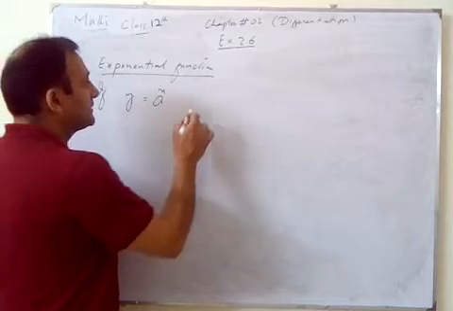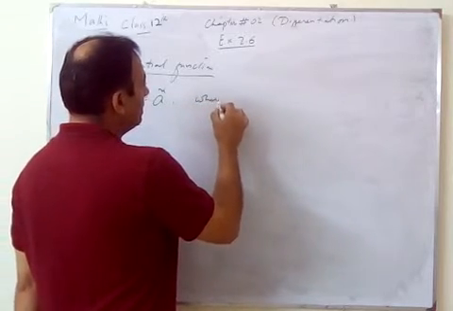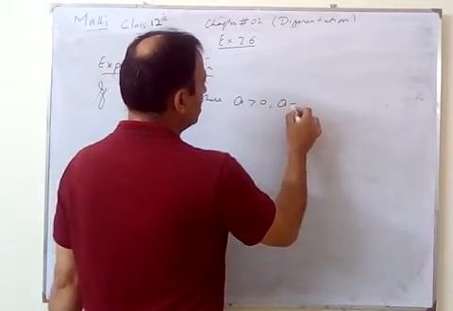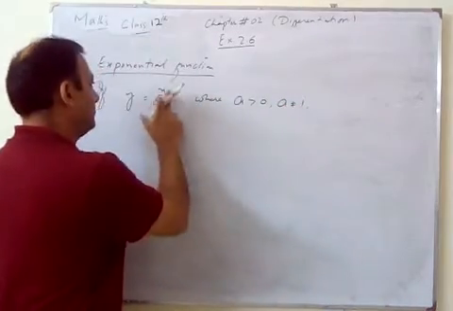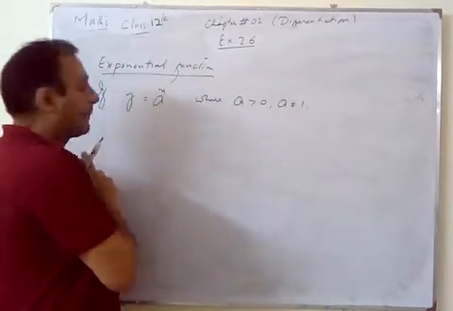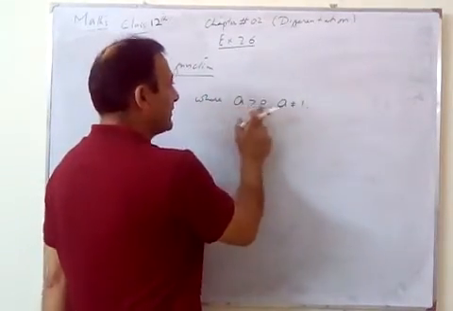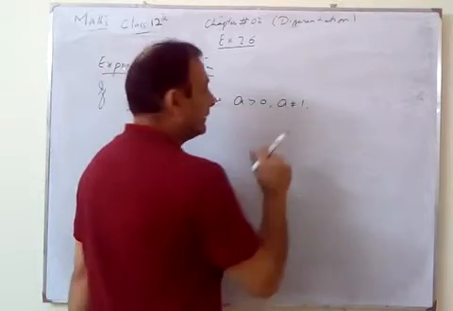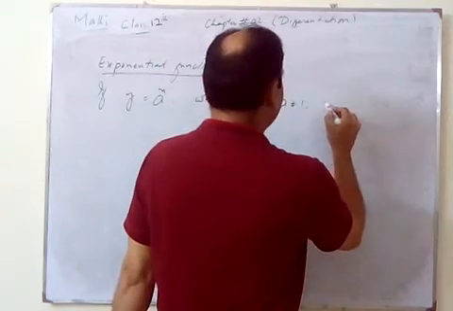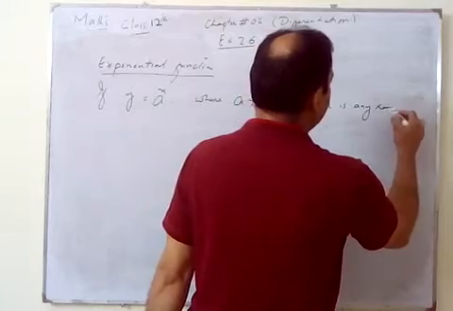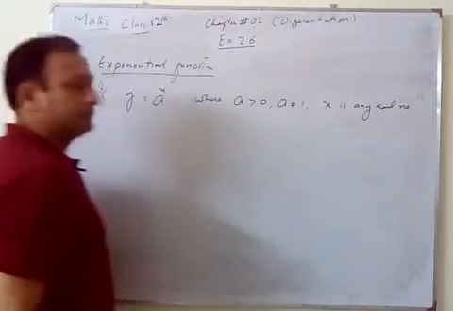But there are conditions, where a is always positive and a is not equal to 1. Two terms are involved here, one is a and another is x. So a is greater than 0 and a is not equal to 1, and x is any real number.